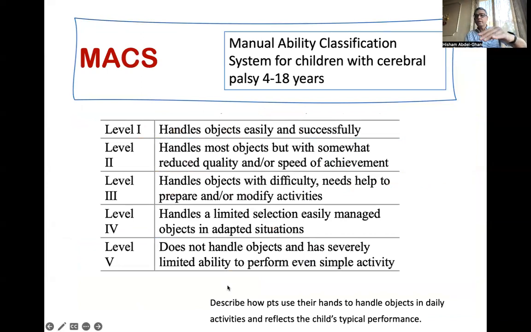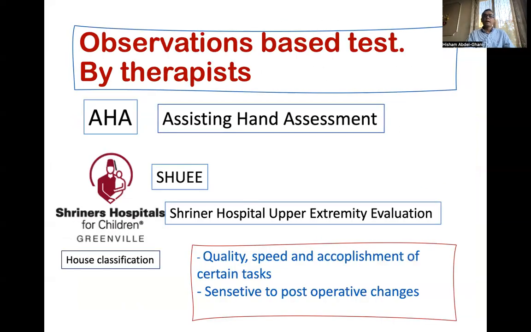So we have different grades of the MACS from level 1 to level 5. At level 5, the patient does not handle objects and has severely limited ability to perform. It's like type 5 of the Gross Motor Function Classification System of the lower limb. But the MACS cannot assess post-operative function.